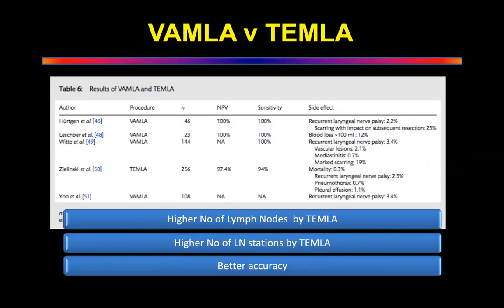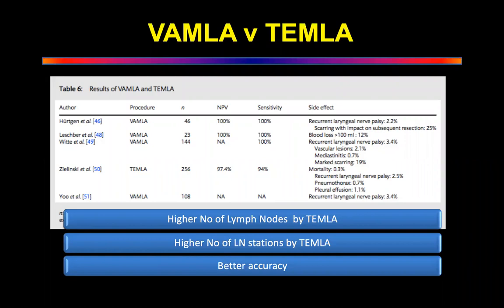The cons of that is there are more morbidity with TEMLA because you are more likely to damage the recurrent laryngeal nerve on the right or the left, and you are more likely to damage thoracic duct on the right, okay? And cosmetically, the scar is not nice because it's a much bigger cervical scar.